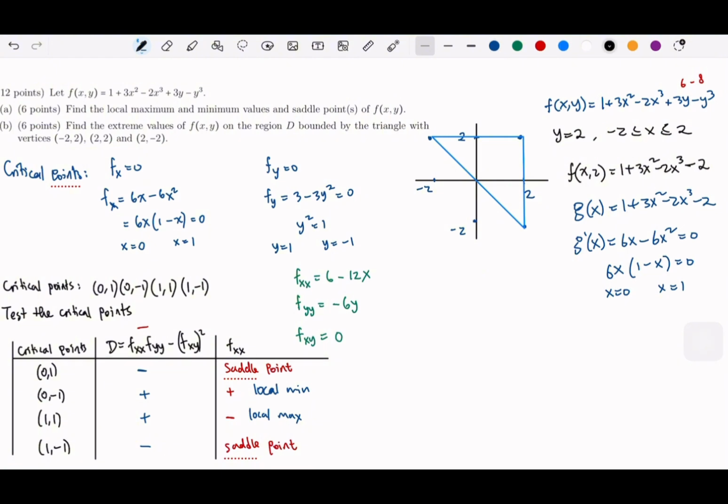Now we can check f(0, 2), which is negative 1, right? And f(1, 2): 1 plus 3 is 4, 4 minus 2 is 2, minus 2 is 0. So 0. And then try also (-2, 2).